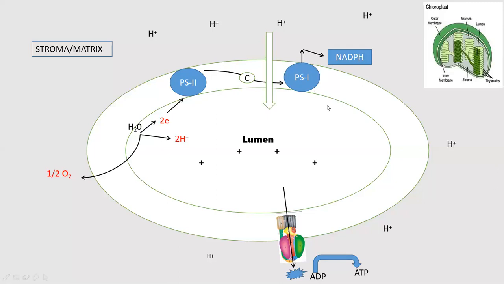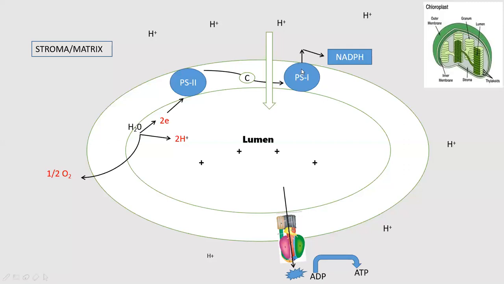In the process of non-cyclic photophosphorylation, first, photosystem 1 absorbs light of wavelength 700 nanometers, and the reaction center, chlorophyll A, releases two energized electrons.